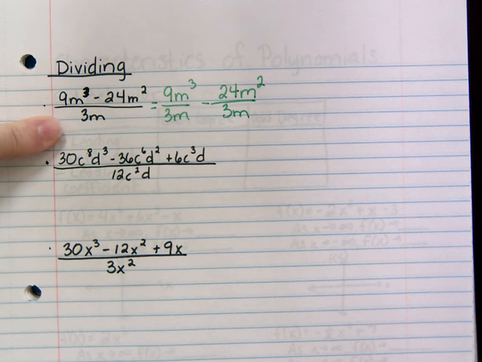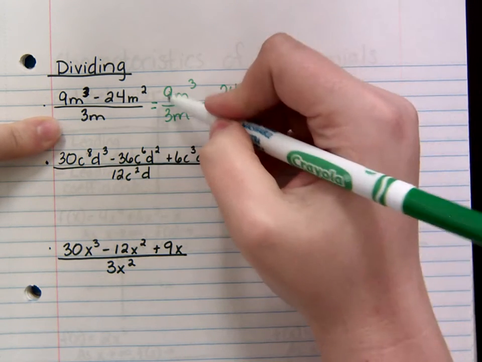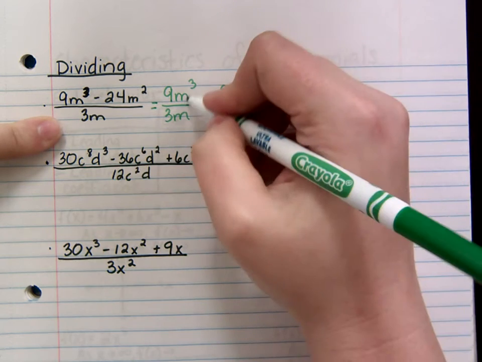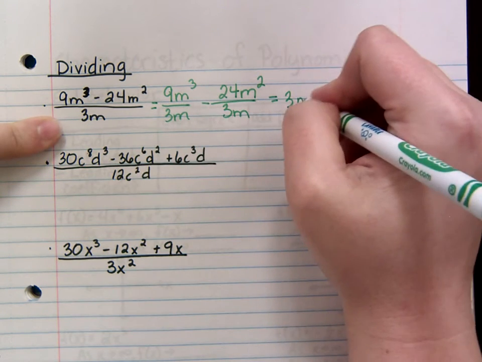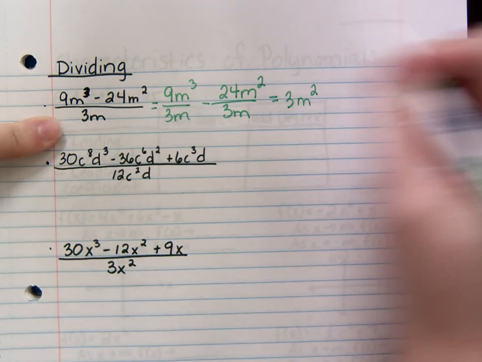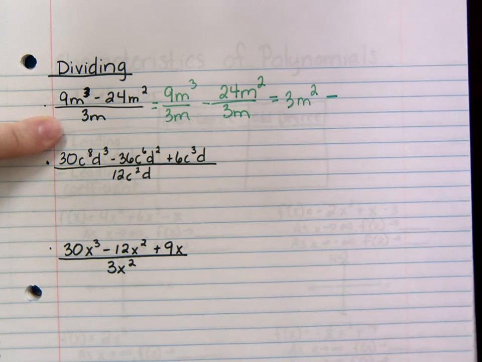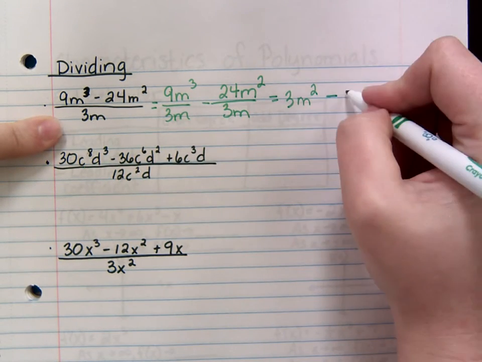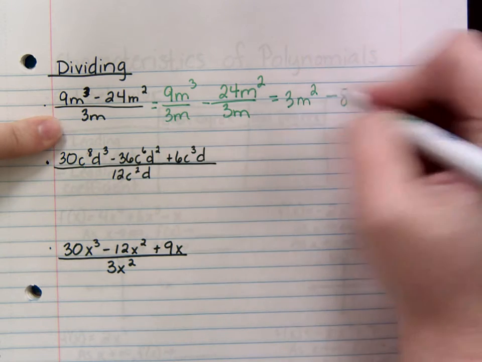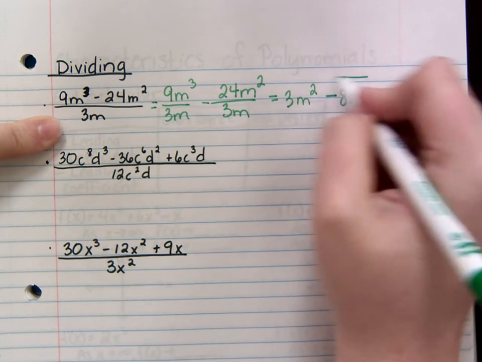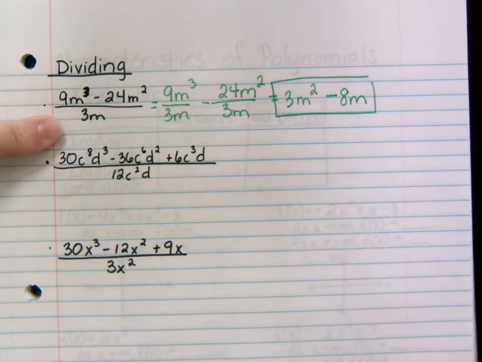You don't have to, but if it helps you, do this. So 9 divided by 3 gives me 3. M cubed divided by m is m squared. I've got the subtraction between them. 24 divided by 3 is 8m. So this one divided evenly.